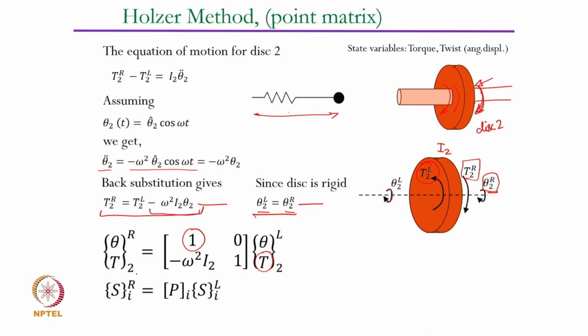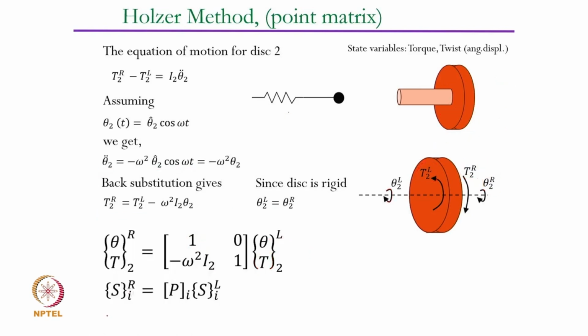So I can write T2R, which is the second value in this vector, equal to minus omega square I2 into theta plus T2L. So that is basically this T2L. You can show that this equation and this equation can be written in a matrix form, which is represented here.